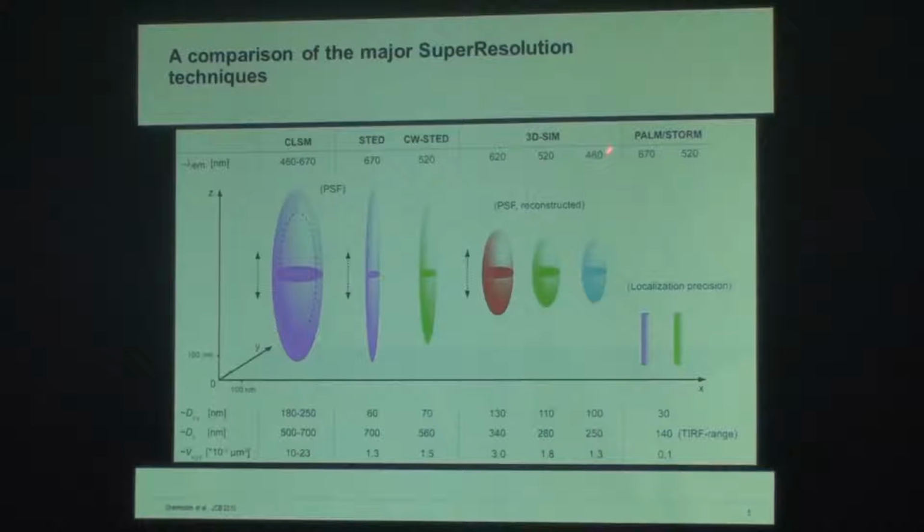The main advantage of SIM compared to any other super resolution technique is that you can work with the sample you use for a conventional wide field fluorescence microscope or a confocal microscope. You don't need to do anything super special to get the resolution with structured illumination. That's the major advantage. You don't need to change anything in terms of your labels or your conventional fluorophores. But you need to do some special preparation for both STED as well as PALM and STORM.